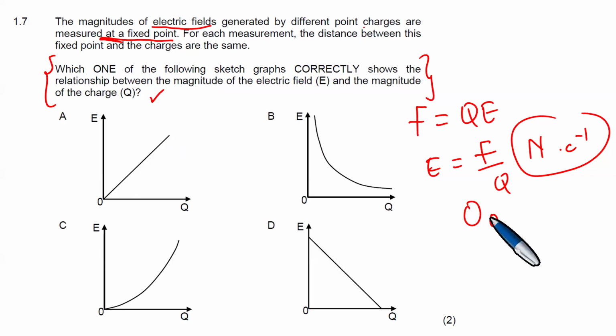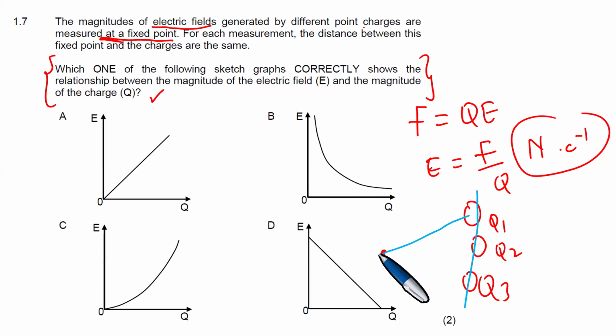There's a point charge, there's a point charge, there's a point charge. And these point charges, the magnitudes of the different electric fields generated by different point charges are measured at a fixed point. So they somehow have a fixed point, and we're measuring at a fixed point.